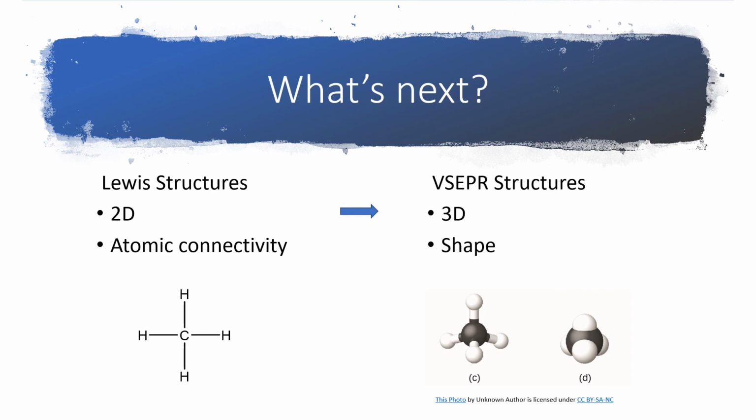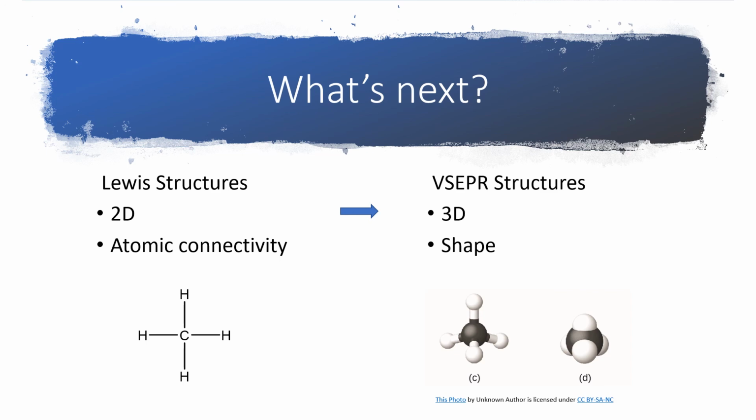But we need to move from 2 dimensions into 3 dimensions because real molecules exist in a 3-dimensional world, and it turns out that the 3-dimensional shape of molecules can be very important for the reactivity of the molecules, particularly in biological systems like your body.